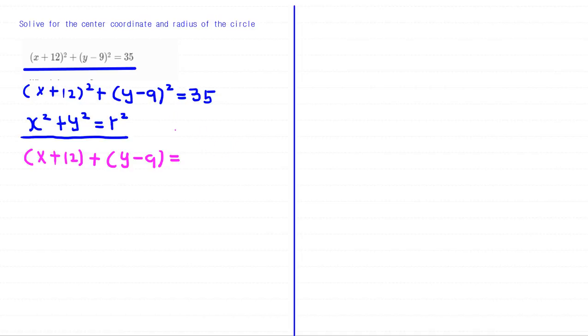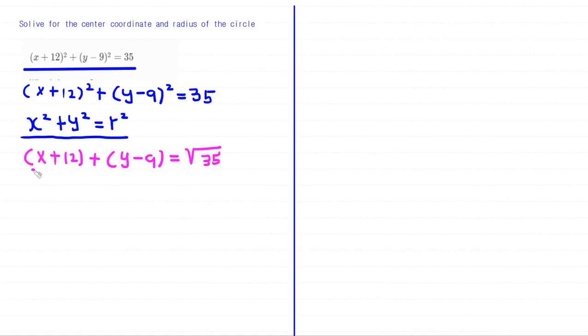Let's see. The square root of 35, if you make a factor tree right over here, I'll write it down here: 35 is 5 times 7. So it is just going to be equal to the square root of 35, because there are no more factors that we can factor out.